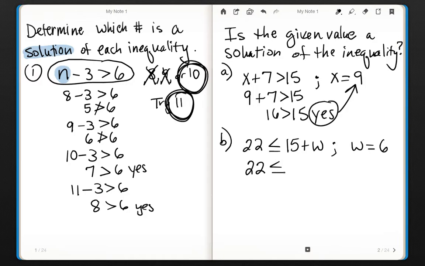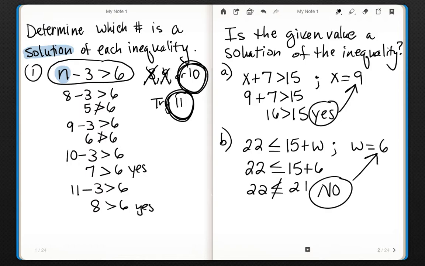So 22 is less than or equal to 15 plus, we put 6 in for W. 15 plus 6 is 21. Is 22, when we read it from left to right, is 22 less than or equal to 21? No, it's greater than. So we would say no, 6 is not a solution to this inequality. It doesn't make it true.